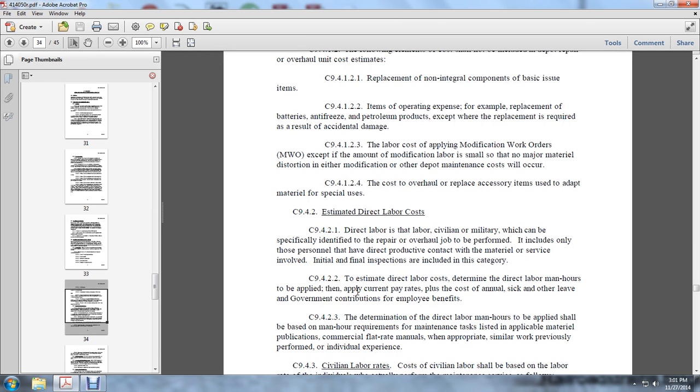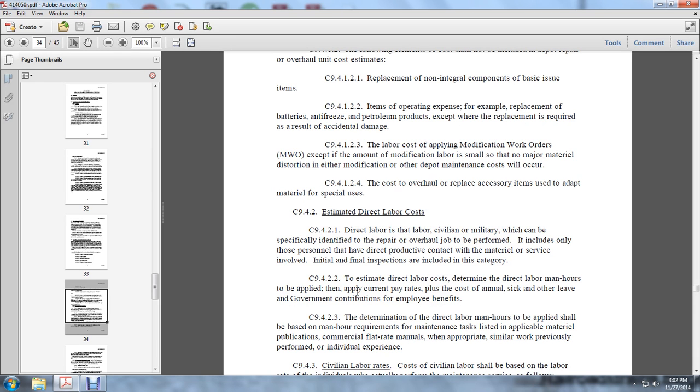Estimated direct labor cost. Direct labor is the labor, civilian or military, which can be specifically identified to the repair or overhaul jobs to be performed. It includes only the personnel that have directly productive contact with the material and services involved. Initial and final inspections are included in this category.